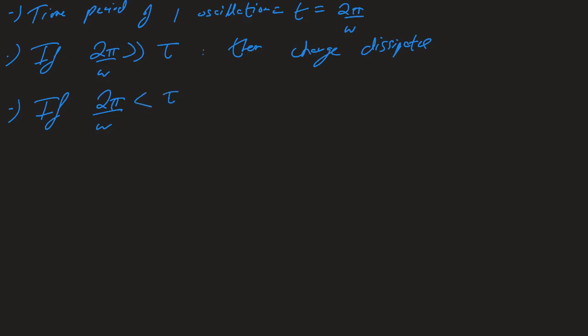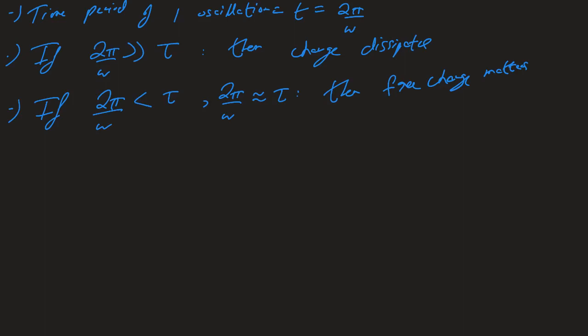if for example 2 pi by omega is approximately equal to tau, then free charge matters. For a lot of metals, at some frequencies, the charge dissipates very quickly. At other frequencies, the charge does not dissipate very quickly, and so you have to be slightly careful.